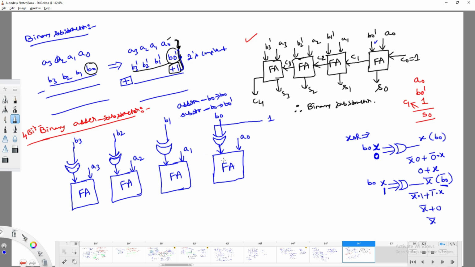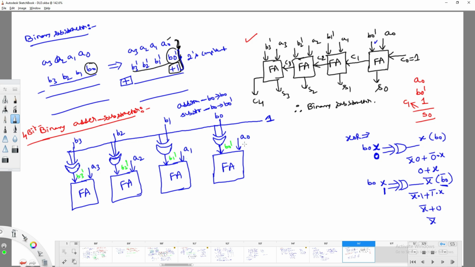Guys, now try to observe. If I pass this entire input to all of B3, B2, B1 and B0, and I pass 1 here, I am going to get B0 bar, B1 bar, B2 bar, and B3 bar. I am just making a notation.